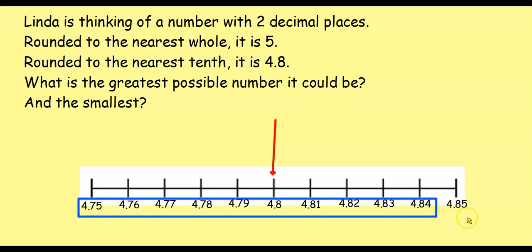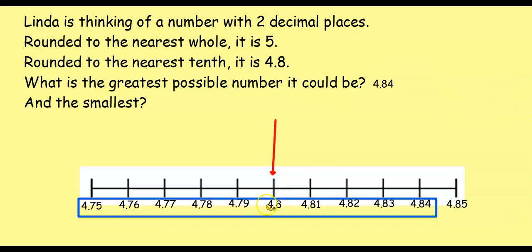So we know that 4.85 was too large because we talked about how that one is halfway between 4.8 and 4.9. So it would actually get rounded up to 4.9. So all we have to do then is come down to 1/100th less than 4.85. So the highest number, or the greatest value that Linda's number could be, we can answer that one already using the question that we've just solved. And we can see there the highest value is 4.84, and then we will come down the other end.